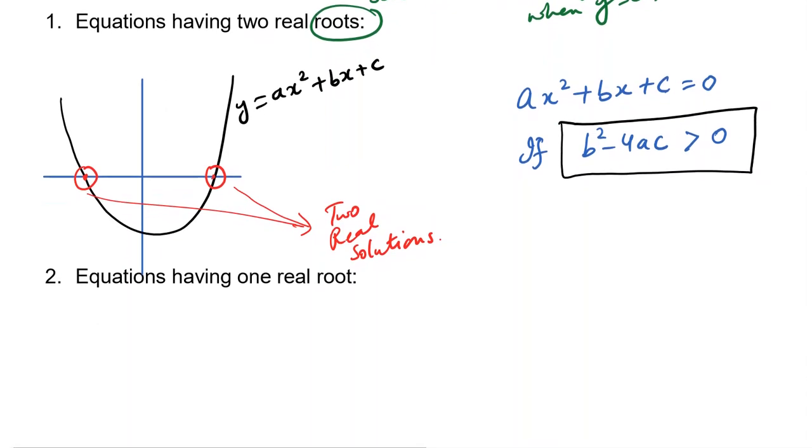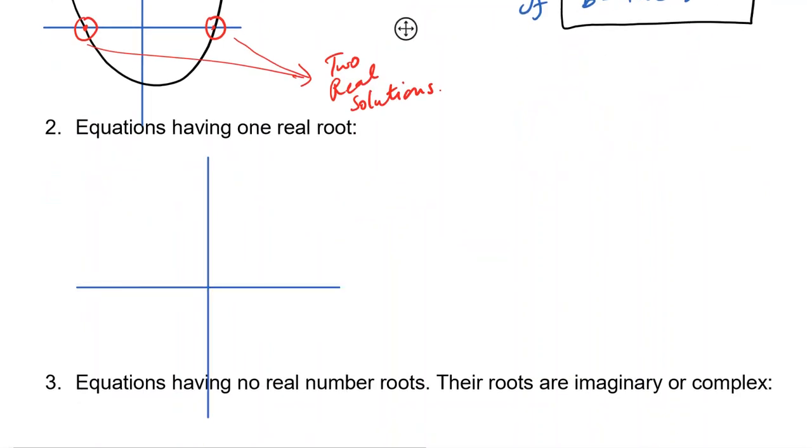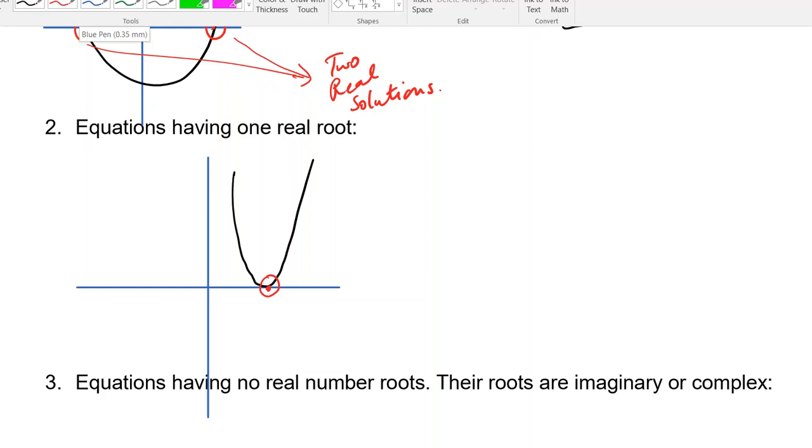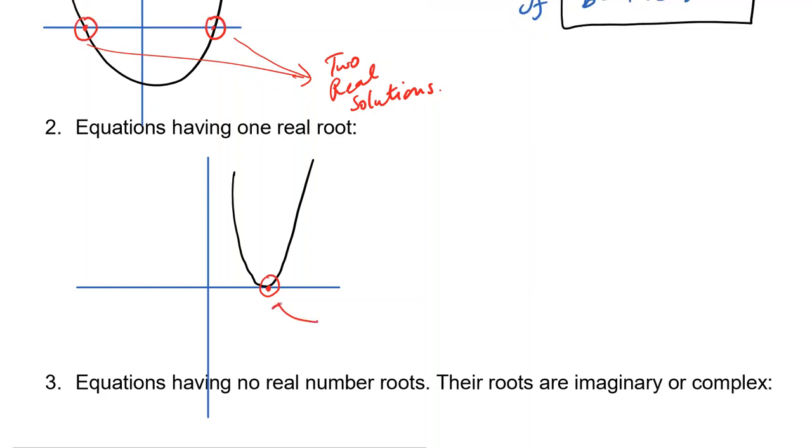Similarly, we can have another case where our parabola is something like this. In this case, the parabola is intersecting the x-axis at only one point. Our vertex is on the x-axis, so that is our only solution.